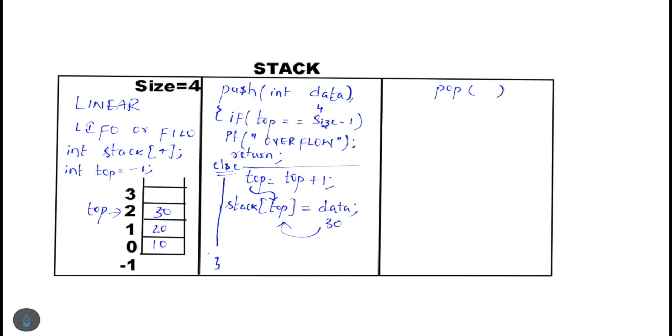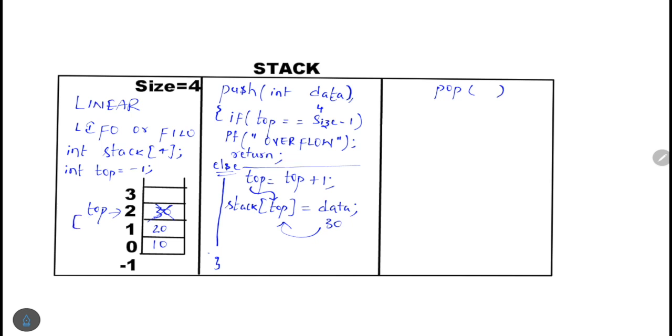So if you want to remove, you can't remove just any data element. Rather, you need to decrement top by 1. That's the meaning of it. For example, in the existing scenario, top is pointing to index 2. What data element is available at index 2? It is 30. So if I want to remove 30, what should I do? After removal of 30, top should not point to index 2. Rather, it should be decremented by 1, right?